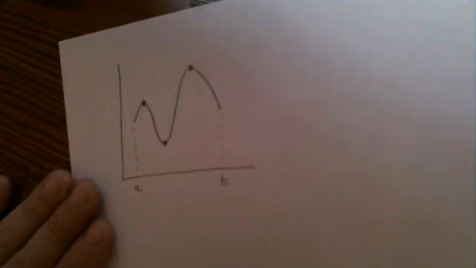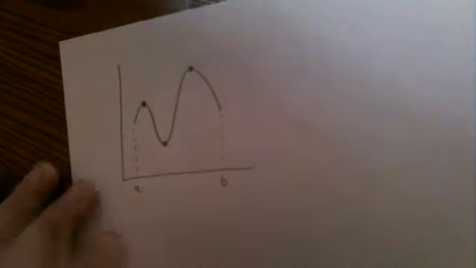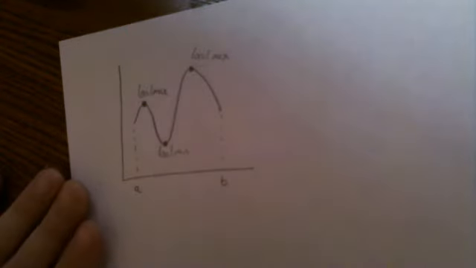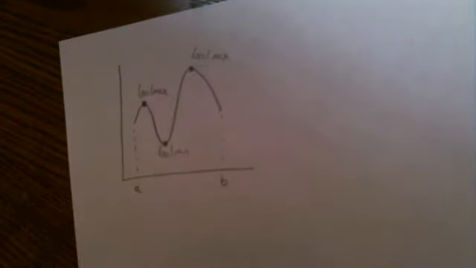Those are all critical points because that's where there would be a horizontal tangent line. We have a local max here, a local min there, a local max there, and now let's take a look at the endpoints and describe it as a local max or a local min.